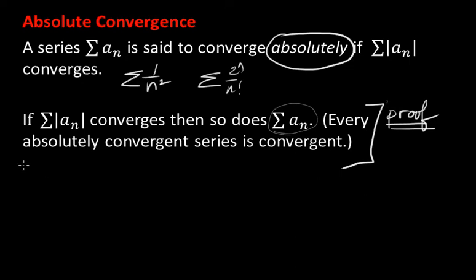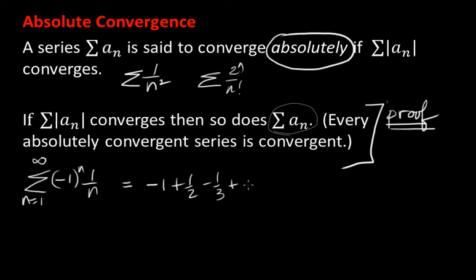I'd like to show you one example. This series here, sum of minus 1 to the n times 1 over n, n equals 1 to infinity. This is called the alternating harmonic series because it starts with minus 1 and then plus a half, minus a third, plus, and so on.